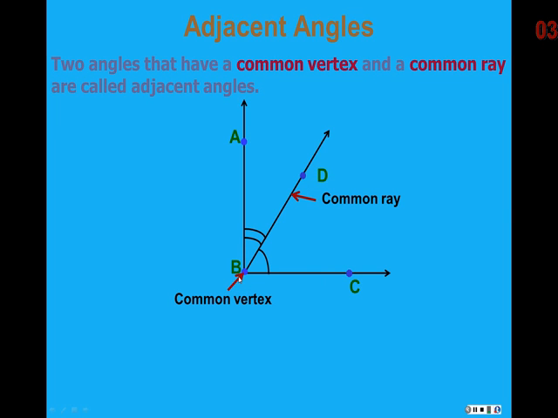They both have the same vertex in the middle, but their sides are different, and they both have a common ray. The ray is ray BD. So this is the situation where you have adjacent or side by side or what's called linear angles. You might hear it with those three different terms.